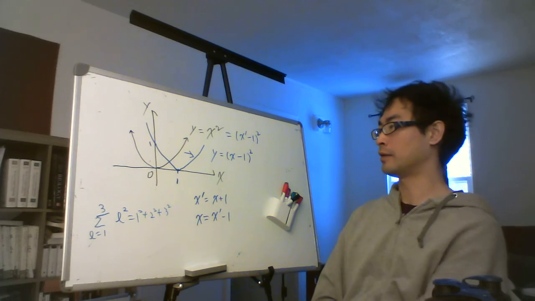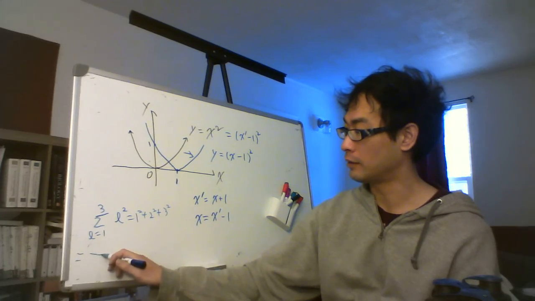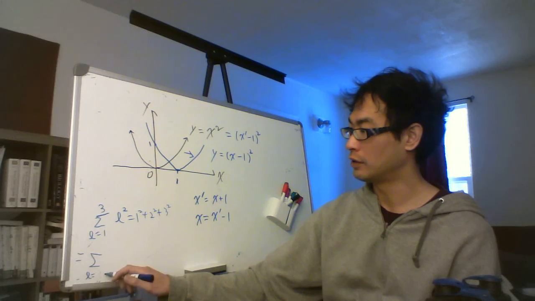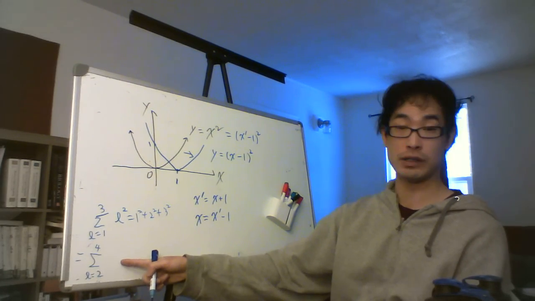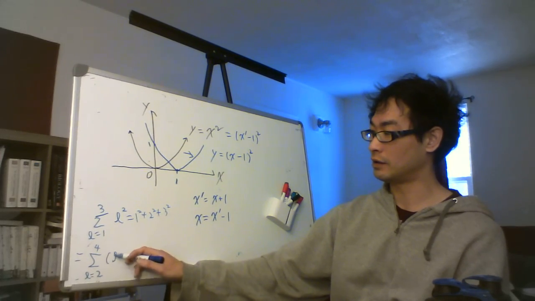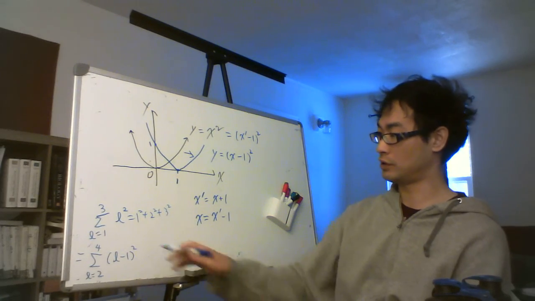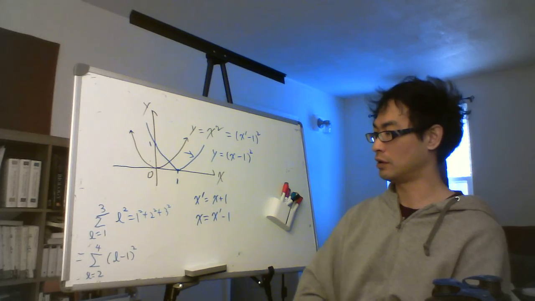Now, this is equal to sigma L from 2 to 4. And now how should you change this guy? L minus 1, right? Which is, yeah, 1 squared, 2 squared, 3 squared.